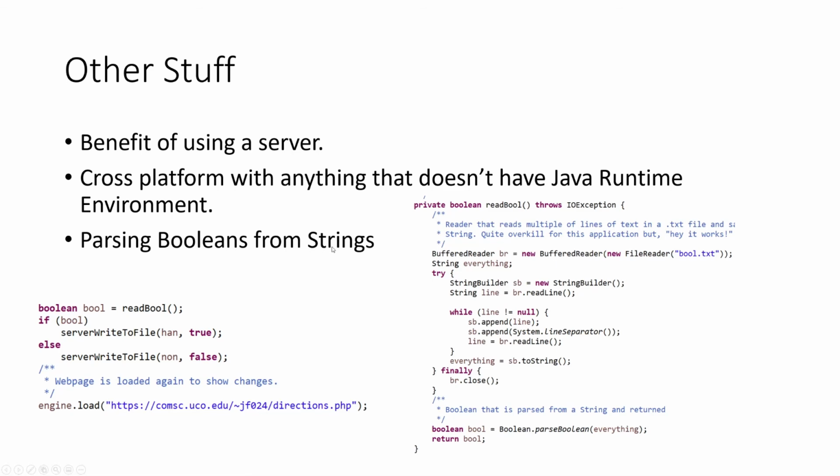Whenever we need to read that value, we call readBool, which reads the text file, gets it as a string, parses it, and returns it as a boolean. That's how we see which list we're using. That's just a little extra thing I wanted to add. Alrighty, that was this.